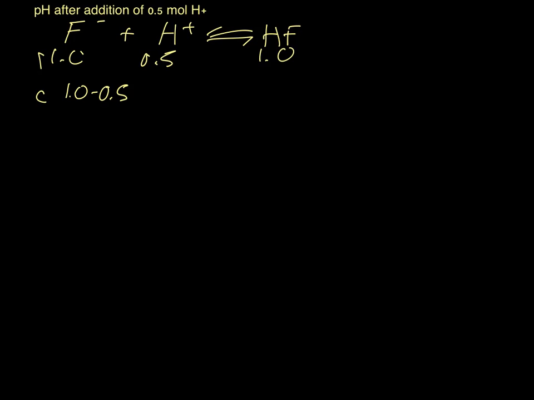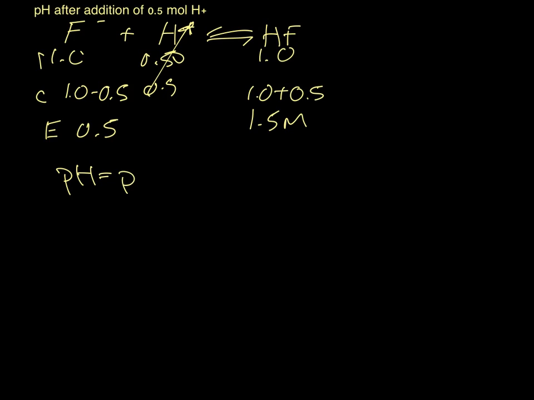Now, the H plus that reacted with the F minus becomes HF, and so we have a change of 1.0 plus 0.5 molar HF. Which means, at equilibrium, all this has reacted. We end up with 0.5 molar F minus and 1.5 molar HF, and we are going to do the same drill, plug that into our Henderson-Hasselbalch equation.